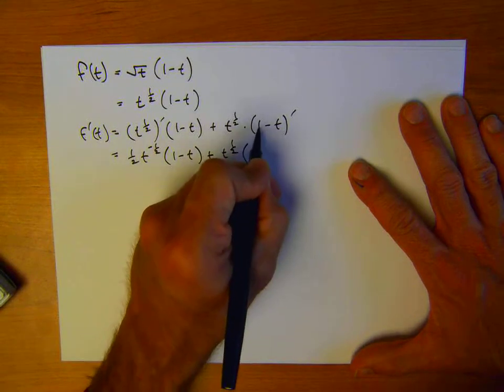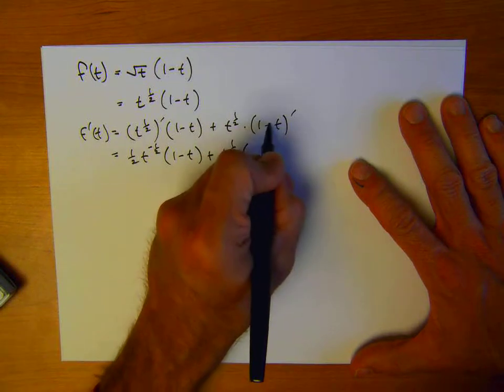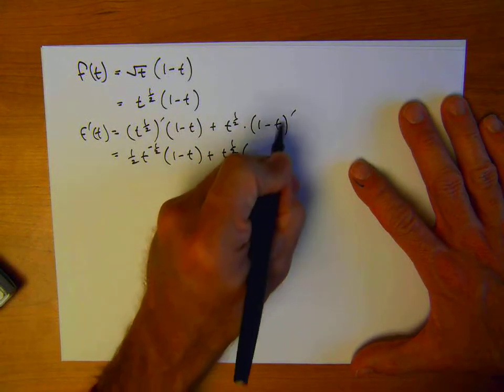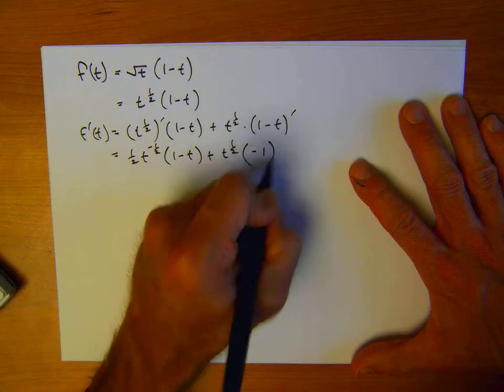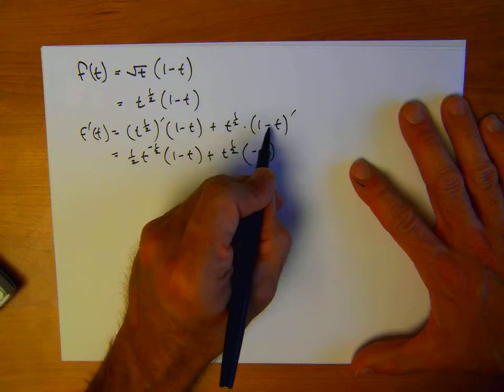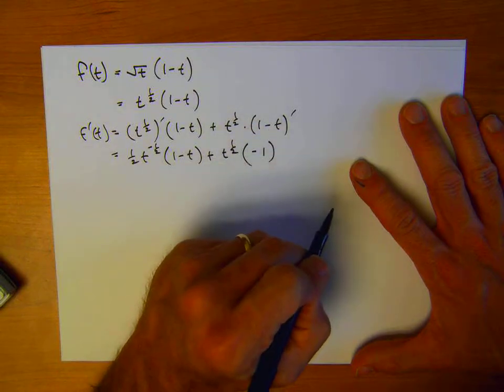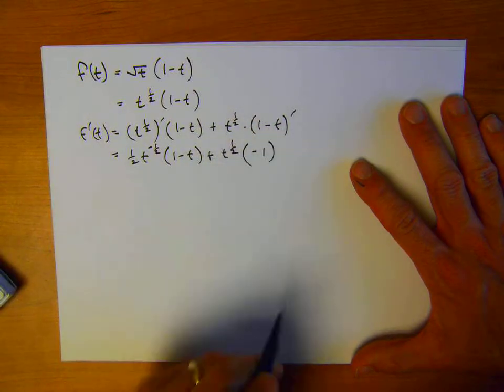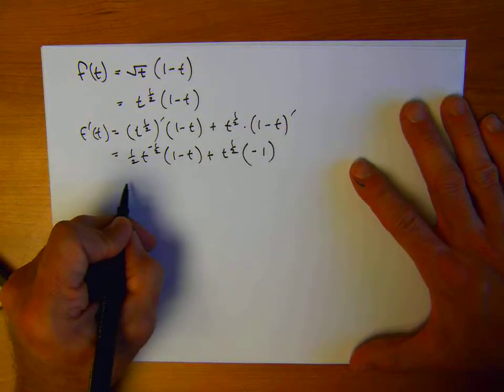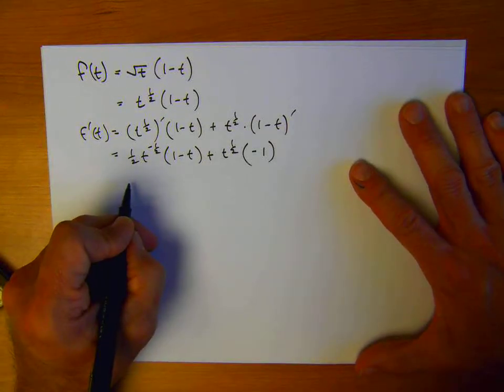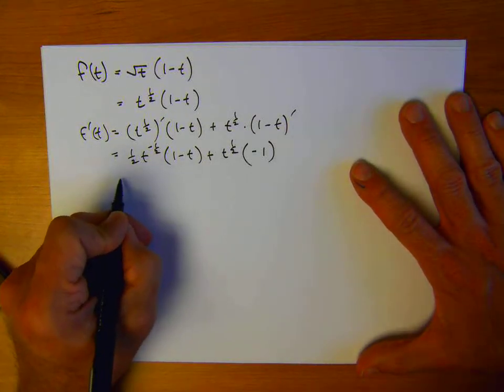Now here, the derivative of 1 is 0 because it's a constant, and the derivative of minus t is negative 1. You can think of that as negative 1t, so it's a linear function, and we're just left with the coefficient. So we could clean this up a little bit if you wanted to.